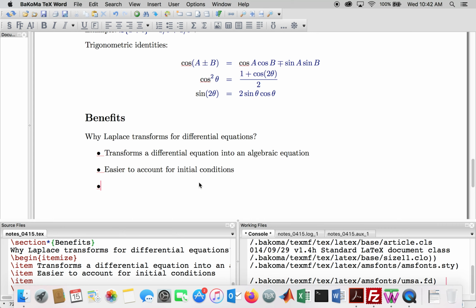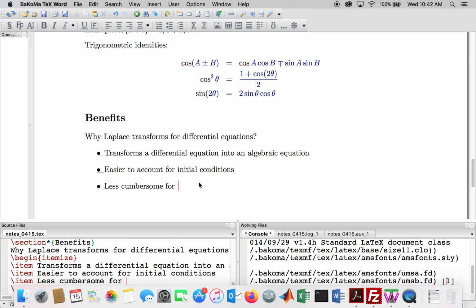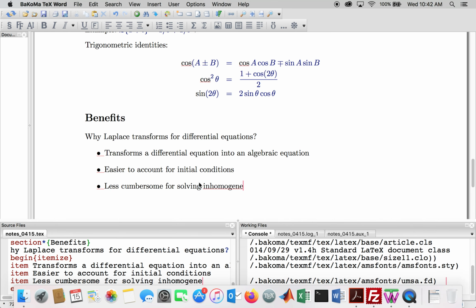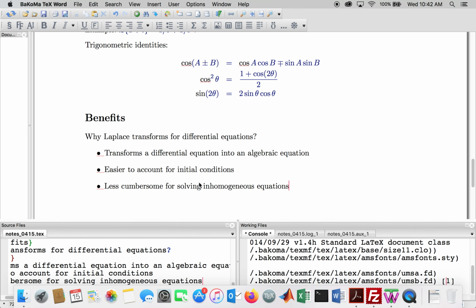Also, less cumbersome for another aspect, that is solving inhomogeneous equations. Right now, the techniques are undetermined coefficients and variation of parameters.